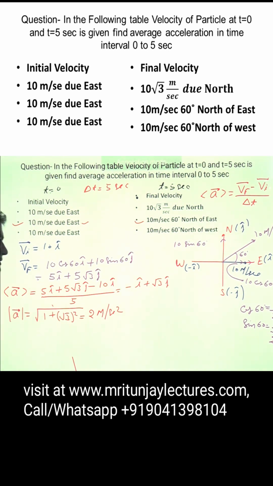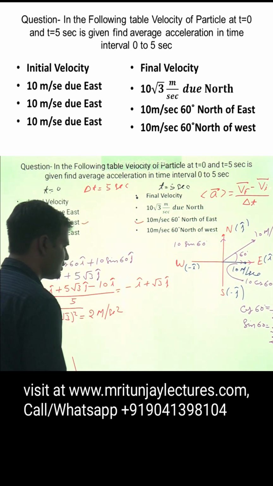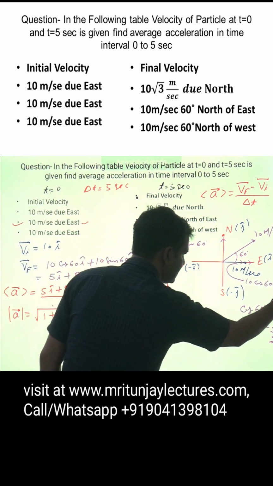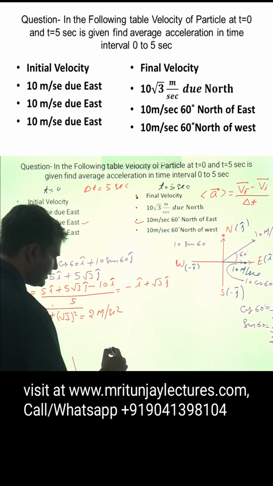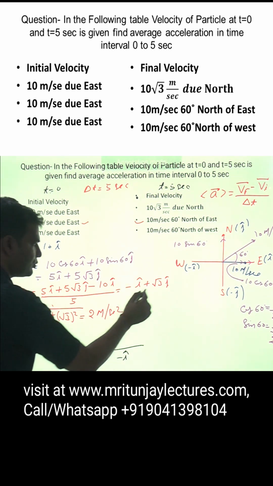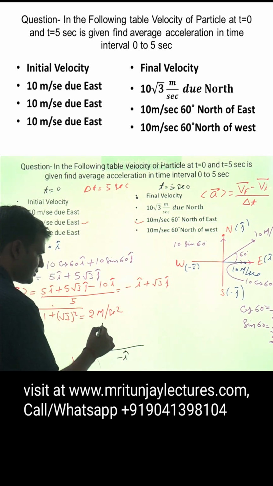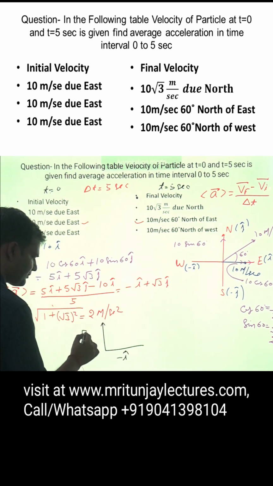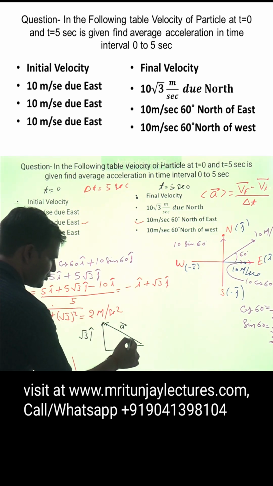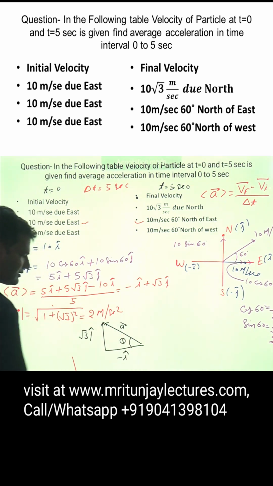So next target is, what about direction? First of all, make it minus i cap, root 3 j cap, and that one is the resultant A, and our motto is to determine angle theta.